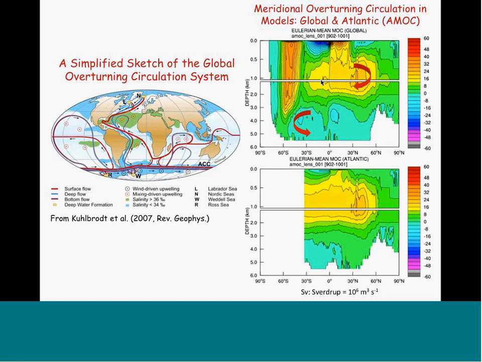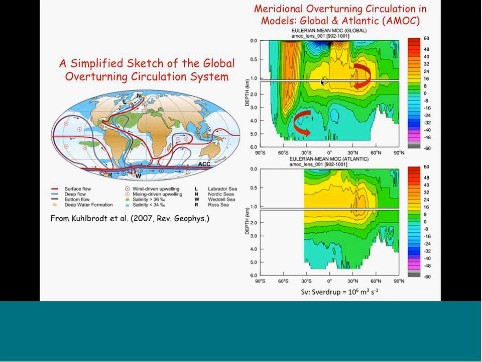It's a further simplification because you're forming a zonal integral. The contour levels indicate clockwise circulation in this view, and negative ones indicate counterclockwise. I'm going to look at the AMOC distributions or variability primarily in depth-latitude space.